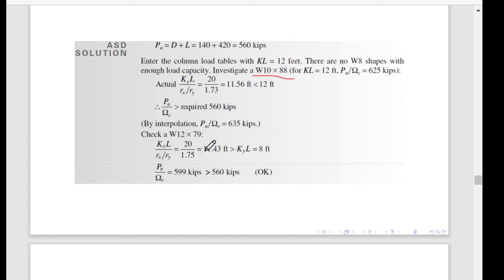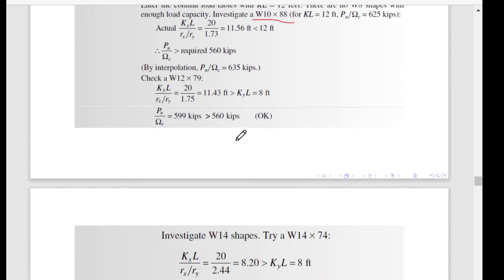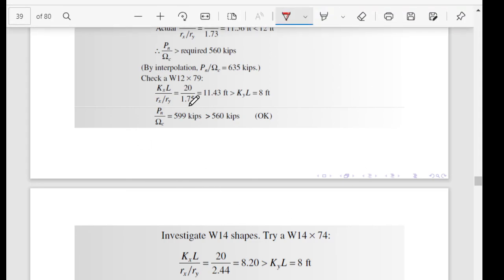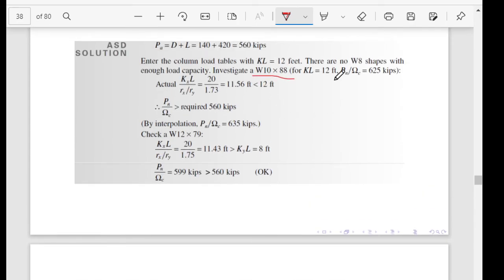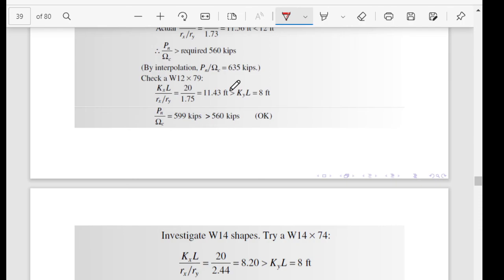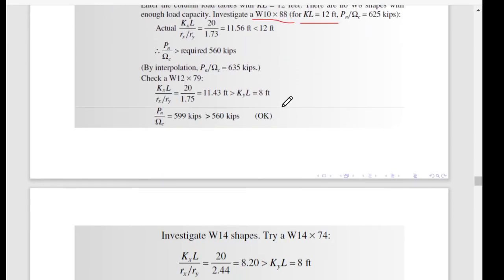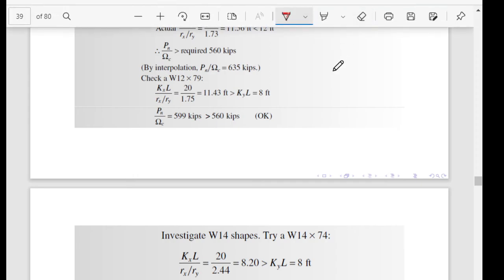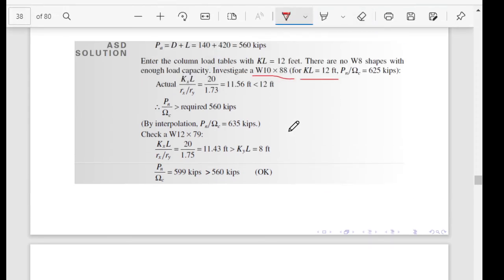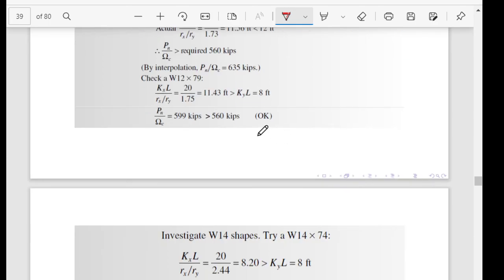Then we proceed to investigate the W12 shape. The same procedure that we did: using this KL equal to 12 feet, you will get the value greater than 560 kilopounds.